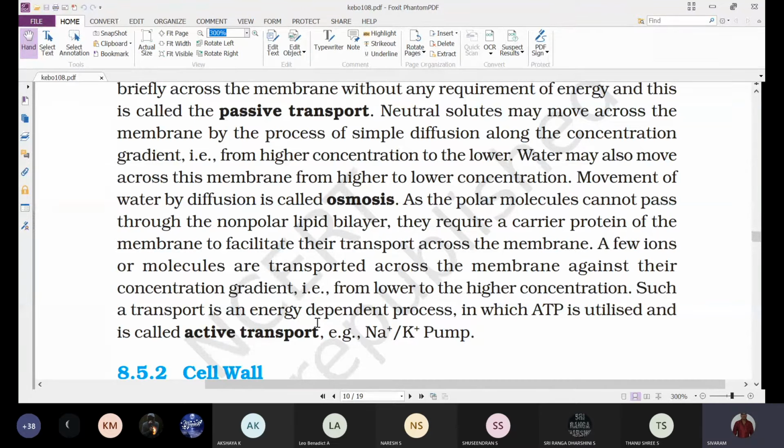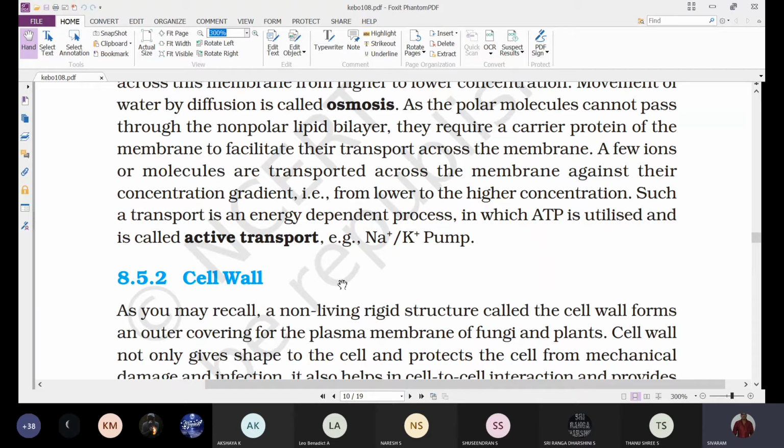So now the glucose has to move against the concentration gradient, that is, from lower concentration to higher concentration. At this point, the absorption of glucose from the intestine into the blood through the layers of the intestine requires energy. This is a good example of active transport. If any molecule is transported against the concentration gradient, from lower concentration to higher concentration, such a transport requires energy in the form of ATP, and that process we call active transport.